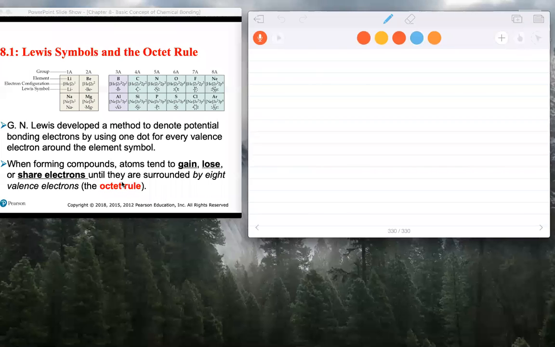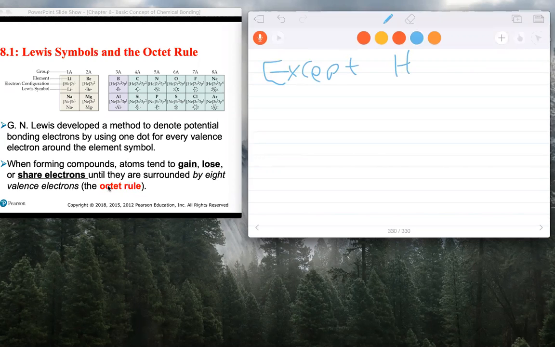In the long run, they end up with 8 electrons, except hydrogen, which does not end up with 8 electrons when it forms a chemical bond. It ends with 2, just like helium.